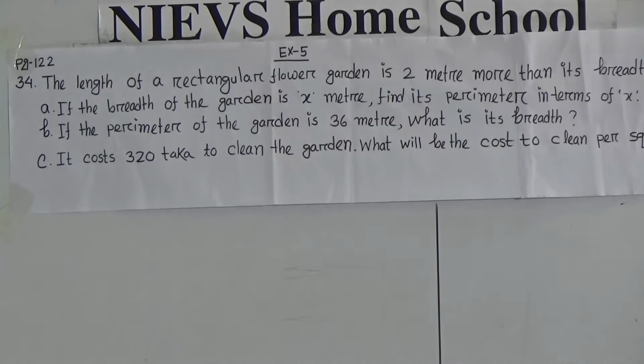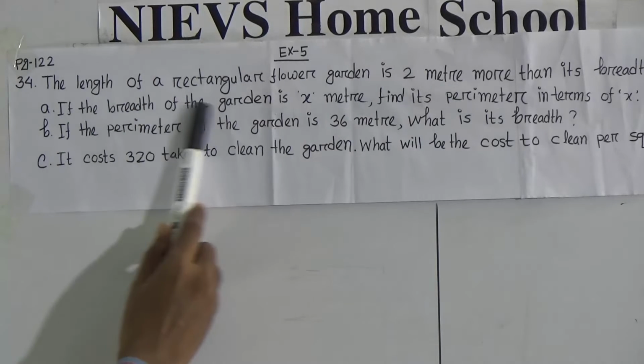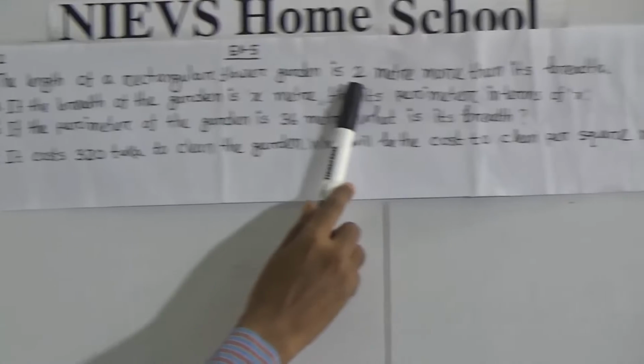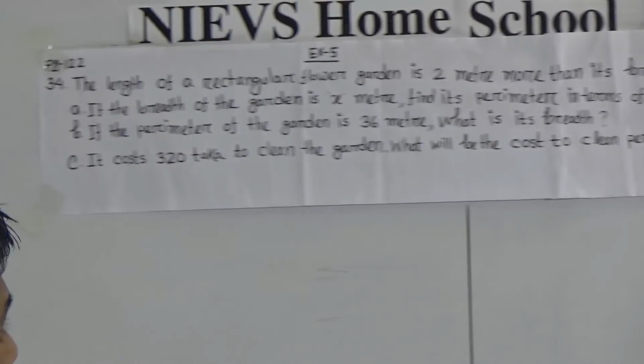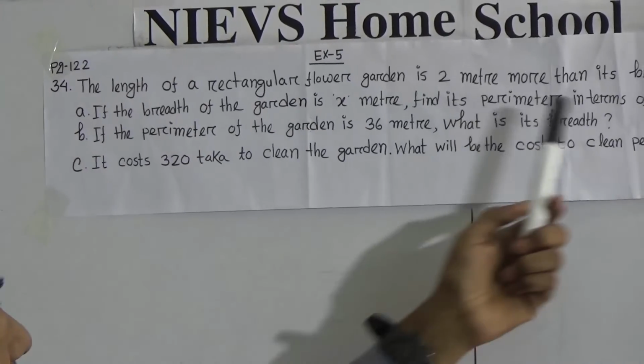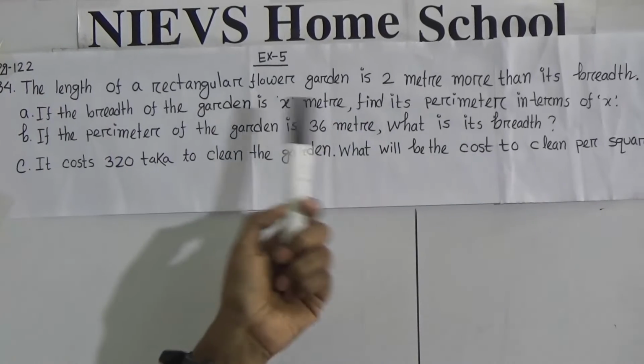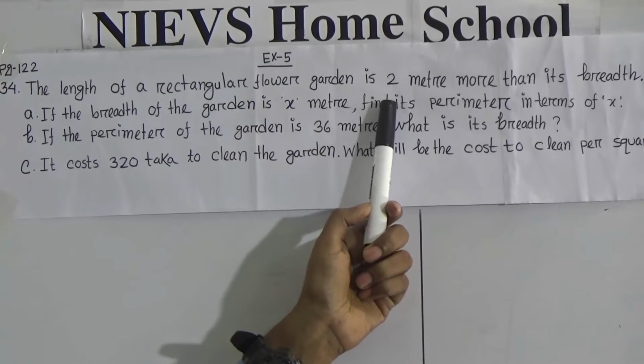You see, the length of a rectangular flower garden is 2 meters more than its breadth. That means breadth is smaller and the length is greater.